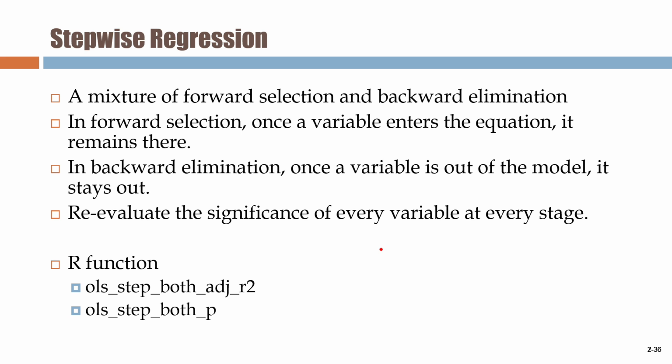If there's nothing to drop, you just look for the next variable to add. So you move forward one step and backward one step, and forward one step and backward one step.